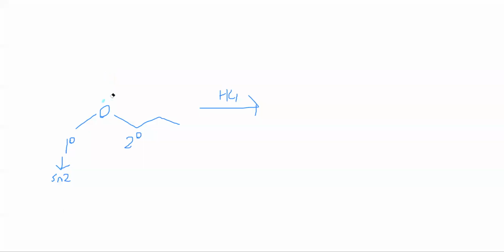That's going to lead to this forming, which can be a leaving group. And in this case, because it's SN2, the nucleophile is going to attack the primary spot. It's going to kick out the leaving group. And we end up with CH3Cl, where the nucleophile attached, and then this alcohol.